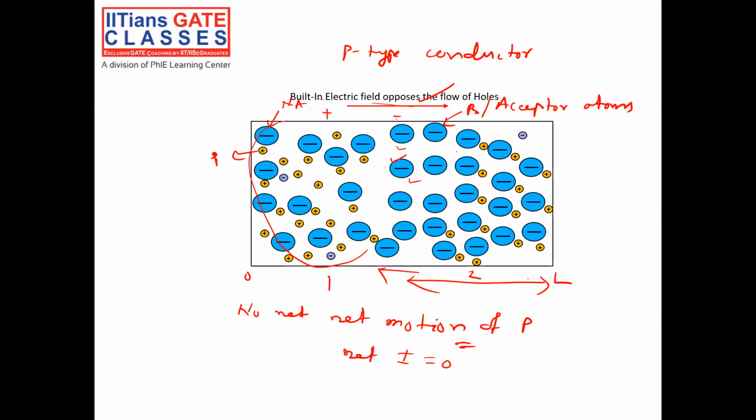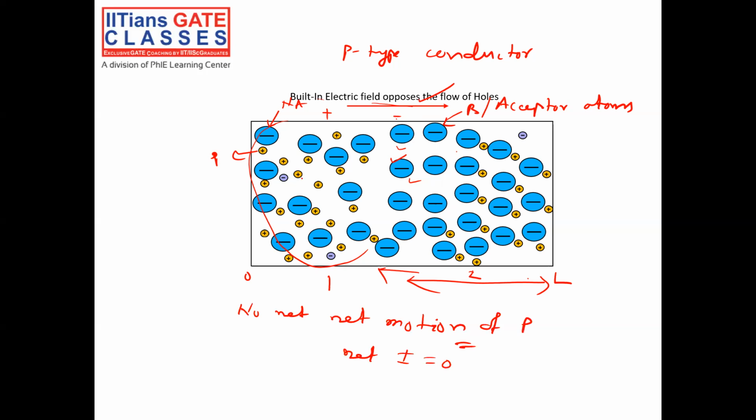Understand? So the built-in electric field is created due to non-uniform doping that causes the movement of holes in the semiconductor bar, which creates the built-in electric field, because in steady state the built-in electric field opposition force is equal to the concentration gradient force. There will be no net motion of holes in the semiconductor, and the net current is equal to 0.